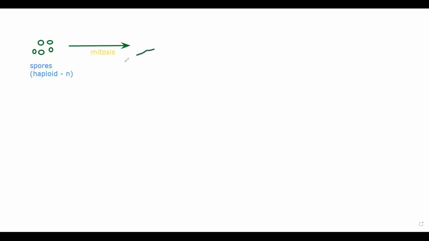So we said the thallus of the liverwort is kind of this lobed leaf-like shape, and this is multicellular and haploid.